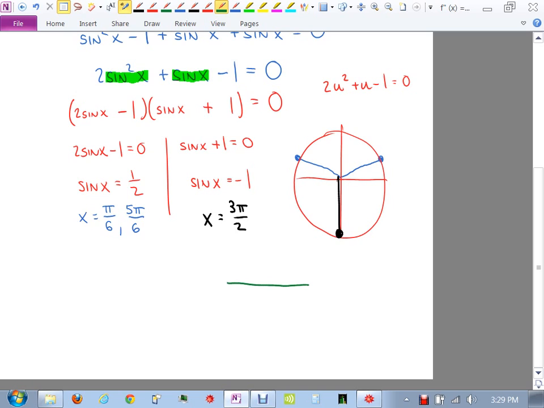So we set up a number line. We put this in order. Pi over 6. 5 pi over 6. And 3 pi over 2. Whoa, whoa.